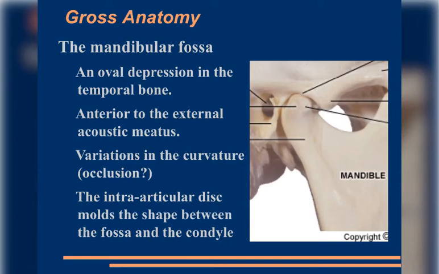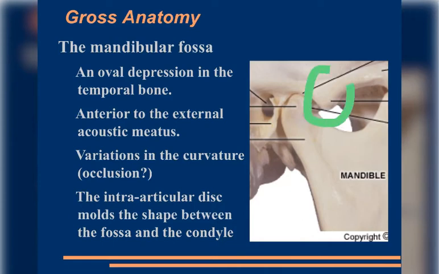There is variation in the curvature of the glenoid fossa, and that is thought to be related to the different types of occlusion between people. The intra-articular disc molds the shape of the fossa and the condyle.